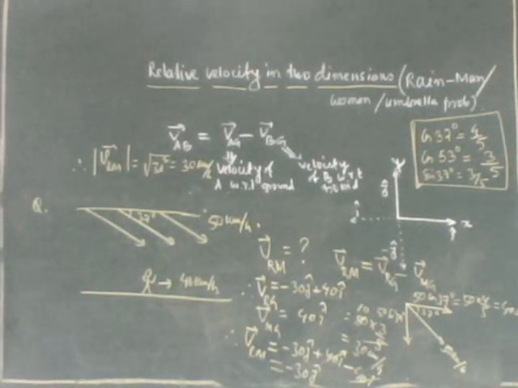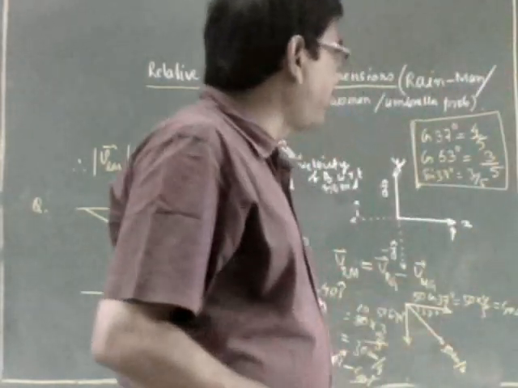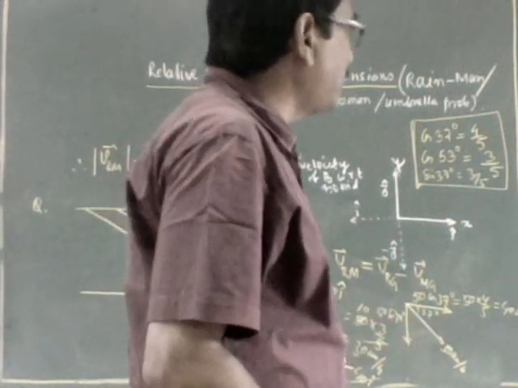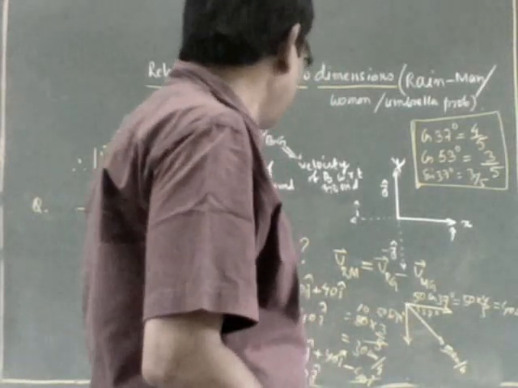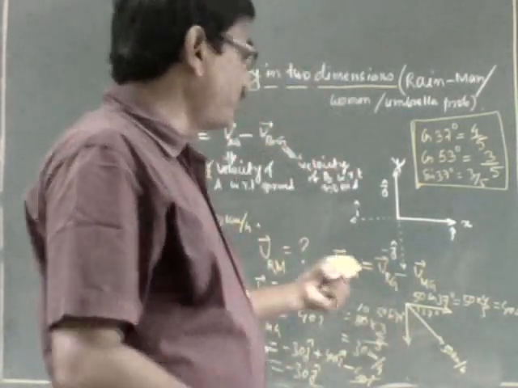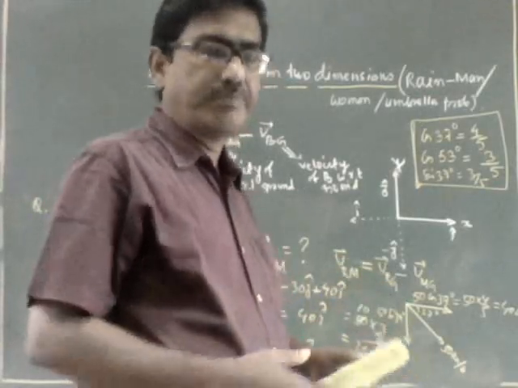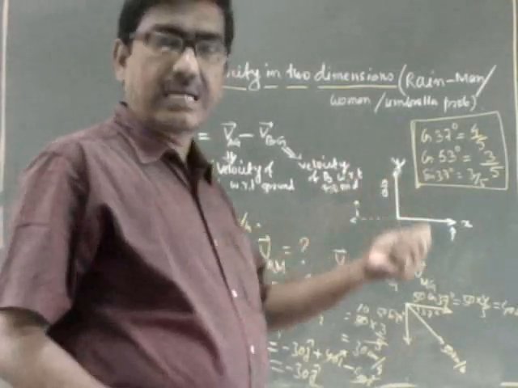Now the question is, at what angle is the umbrella to be kept? The rain is, for example, in this direction. In the same way you proceed, and you can find the angle theta.